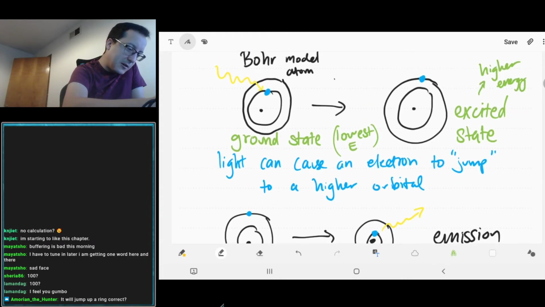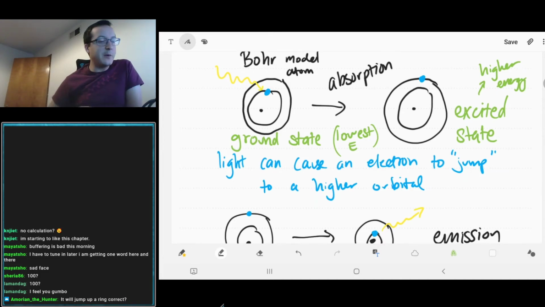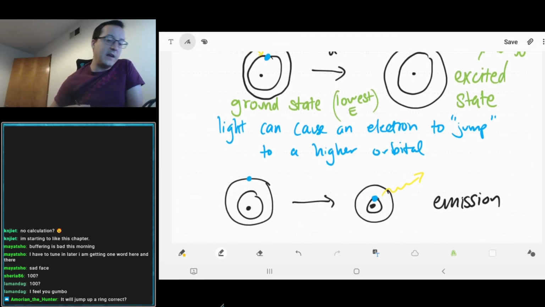This one was called absorption. So if we absorb a photon, a wave of light, we can emit it back out again. Totally normal. And you're like, well, what's the point? Nothing's changed. I agree. Right now, nothing has changed.